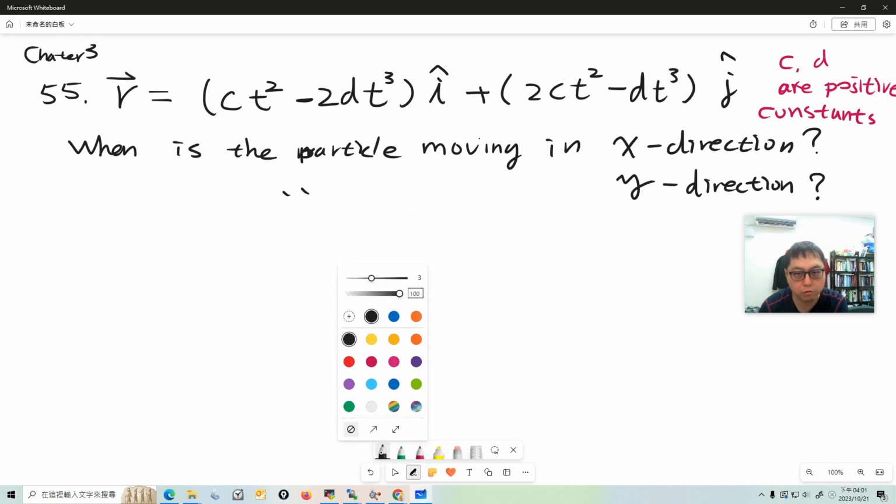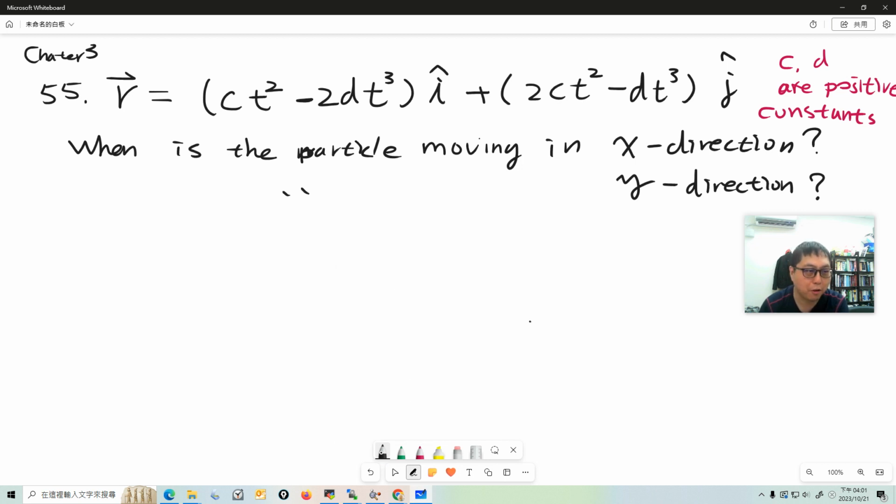So let's first follow the solution manual. It says that if the particle is moving in the x direction, that means the y component of velocity is 0.